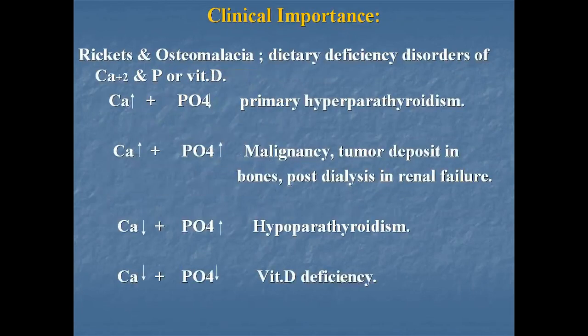Now, clinical importance of phosphorus. Rickets and osteomalacia are important dietary deficiency disorders of calcium, phosphate, or vitamin D. Increased serum level of calcium and decreased serum level of phosphate are associated with primary hyperparathyroidism.